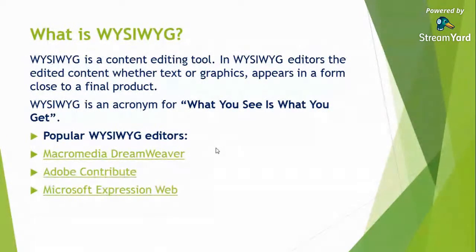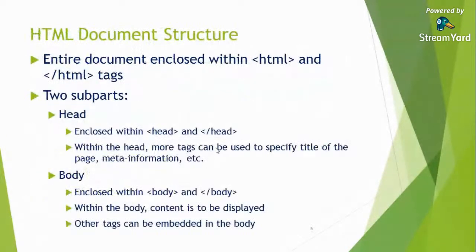Next, whenever we write any HTML document, what are the different parts we'll use? First of all, remember there are four basic tags: HTML, head, title, body. The entire document, whatever content we write, will be under the HTML and close HTML tag within angular brackets.